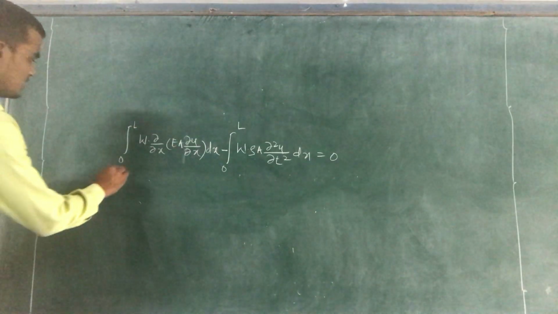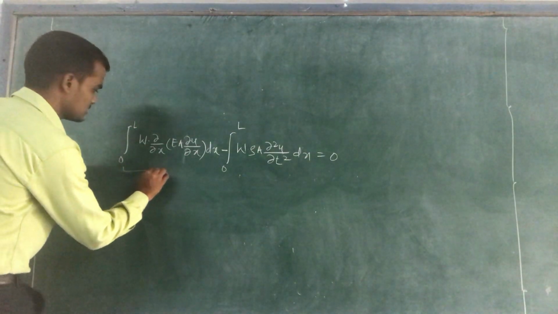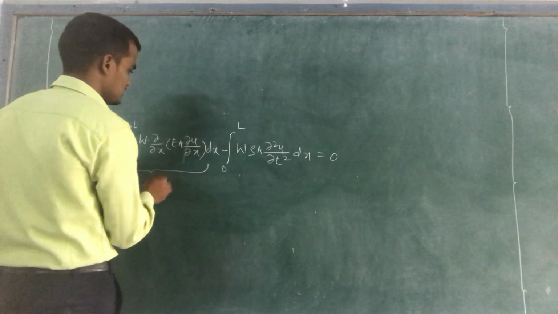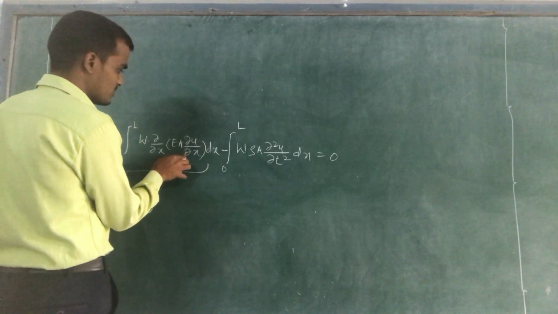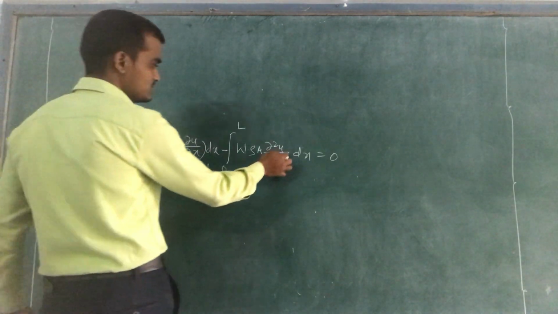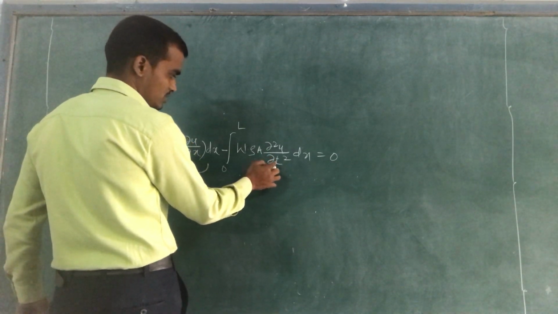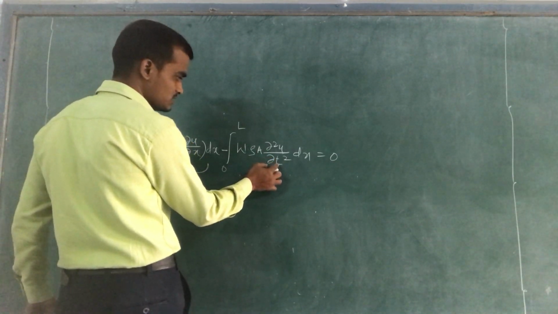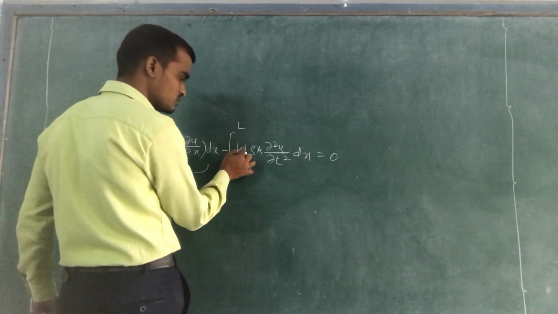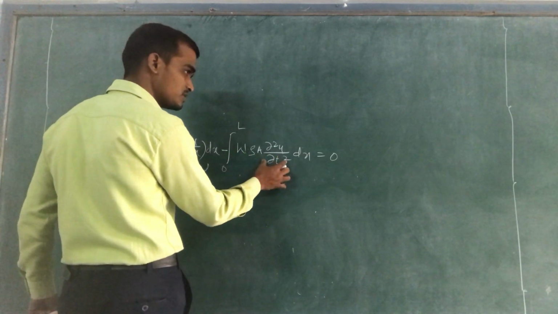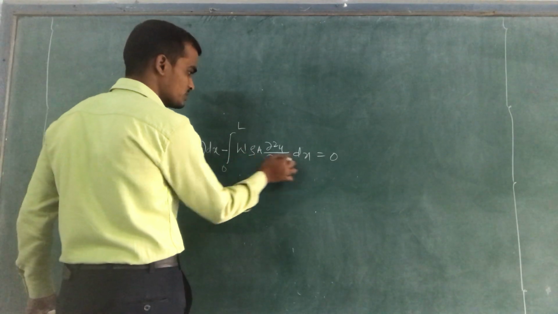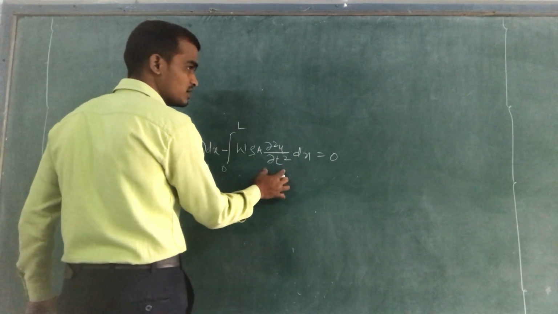The first term is a function of x, so we need to solve it using the by-parts rule, while the second is a function of time. We don't need the by-parts rule for that in terms of u, because u is a function of t, so with respect to x it is a simple integral.